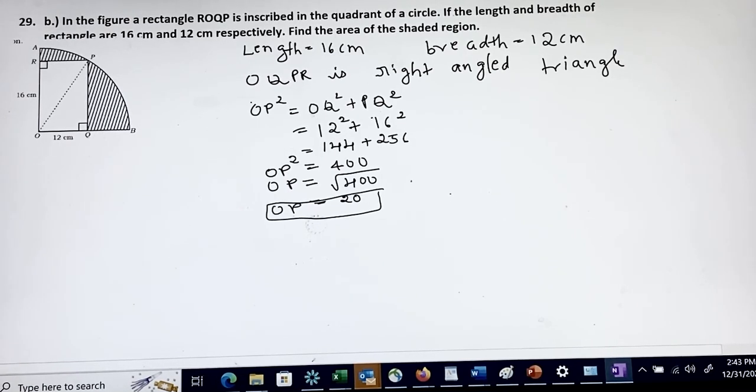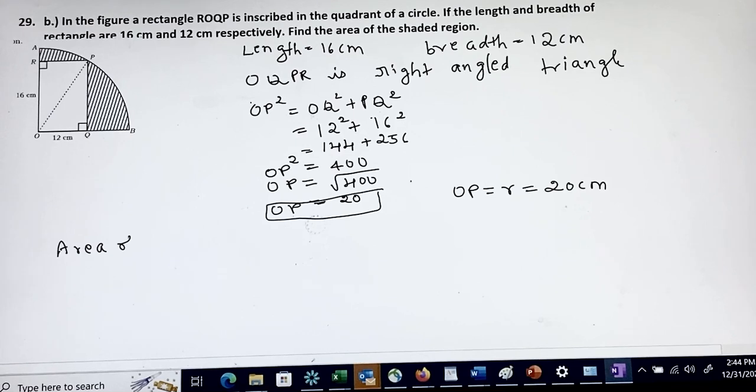OP is nothing but the radius of this circle. So we can write OP is equal to radius of the circle, that is 20 centimeter. Okay, now we know the radius. Now we have to find the area of the shaded region. Okay, how do we find it?